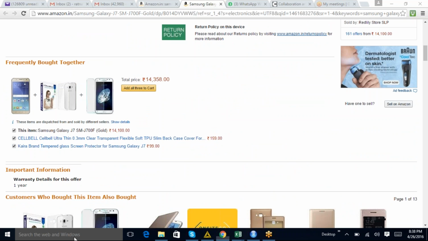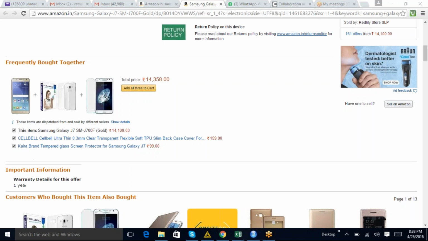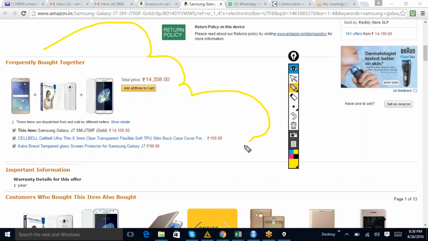Let me just grab my pen as well so you guys can see it. So for example, when I search for Samsung Galaxy phone, I see this area as well, where I'm putting the yellow marking, that they will say frequently bought together, right?